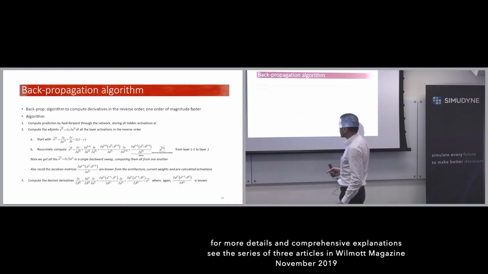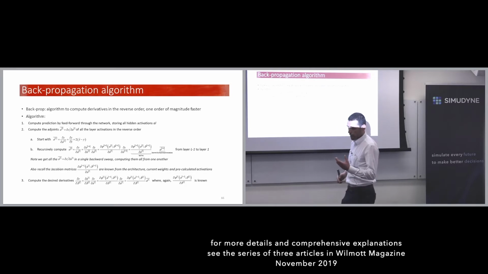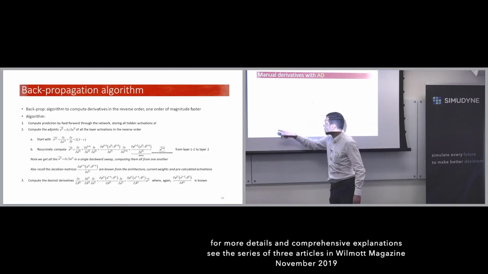But these are not exactly the derivatives we want, right? These are the dC/dA, so the derivative, the sensitivity of a loss with respect to the activations of a network. You remember, this is not what we want. We want the derivatives with respect to the weights. But we had derived a simple equation to find them. So to get the derivative with respect to the weights, we multiply the sensitivities to the activations by a known partial Jacobian.